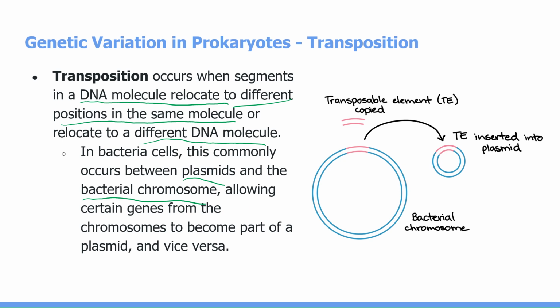You can see that there. This part of the bacterial chromosome is then transposed into this plasmid. And plasmids are usually the ones that are taken up by other bacteria, so it could get passed on by conjugation or transformation.